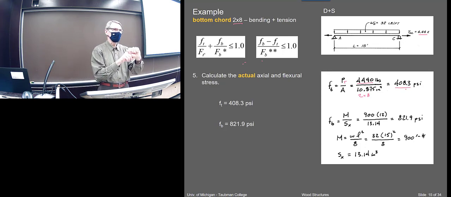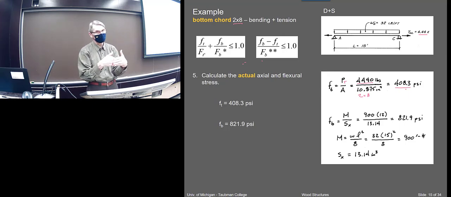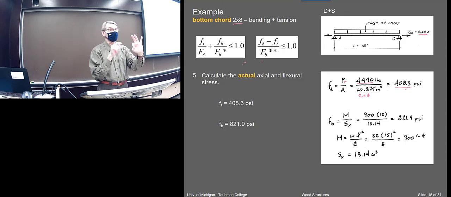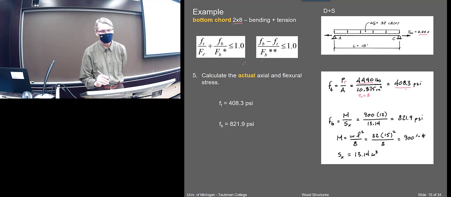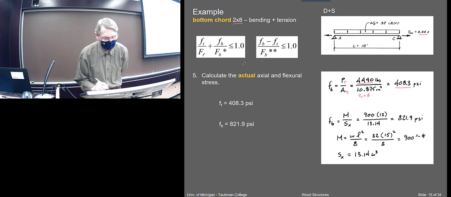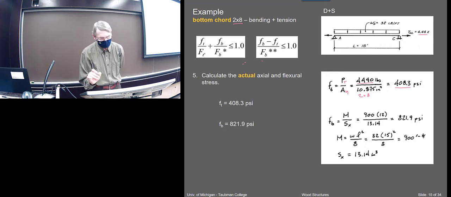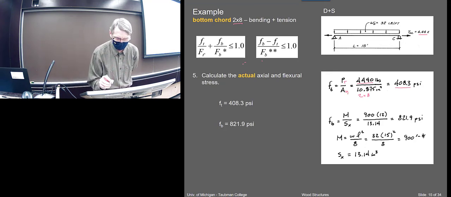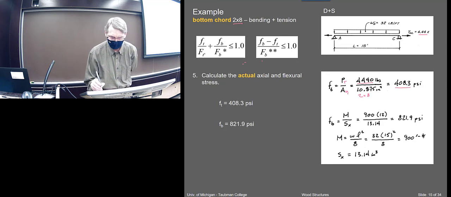You might do that with, what did we look at, those split ring connectors. Those are used in trusses. If you do that, you have to be careful. You've changed the area, right? You have to use the net area, because if you start cutting holes or notches or anything, you've got to use the smallest area. So that is the net area. Anyway, assuming ours is gang nailed, we don't have to worry about it.